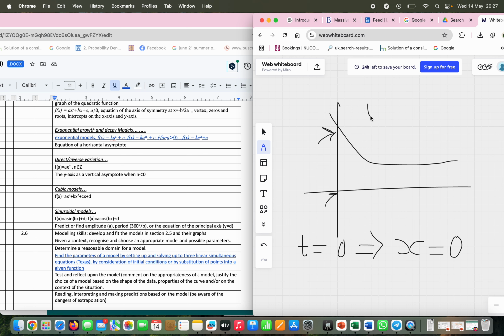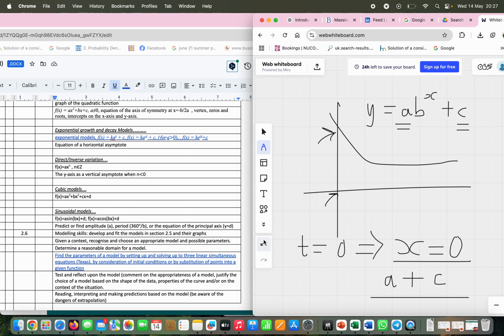Now, for an exponential graph, we're going to have something like this: y equals a times b to the power of x plus c. Now, unusually for this topic, which is unlike any other function that we've dealt with, your y-intercept is always going to be a plus c. So you can either substitute in x is 0 and do that manually, or you can just literally calculate the value of a plus c.